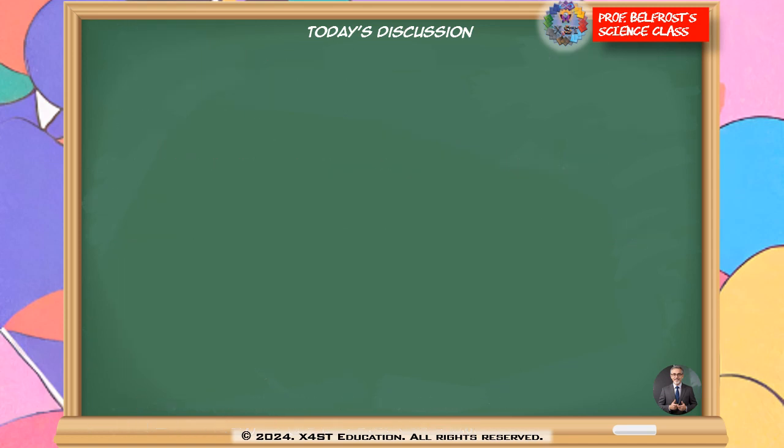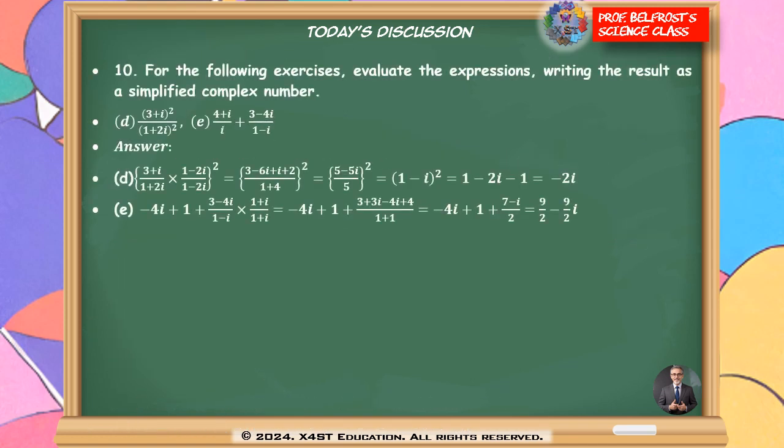Number 10. For the following exercises, evaluate the expressions and write the result as a simplified complex number. Actually, it's very simple. For D, you notice that this is a complex number in both the numerator and denominator, so you need to multiply with the conjugate as shown in the slide, and then simplify to the most simplified form.